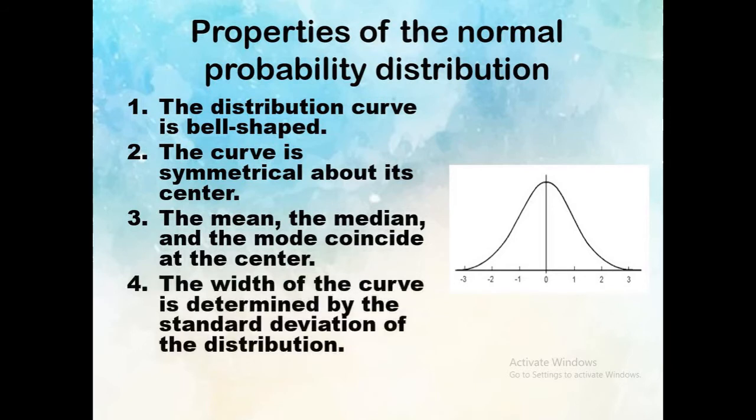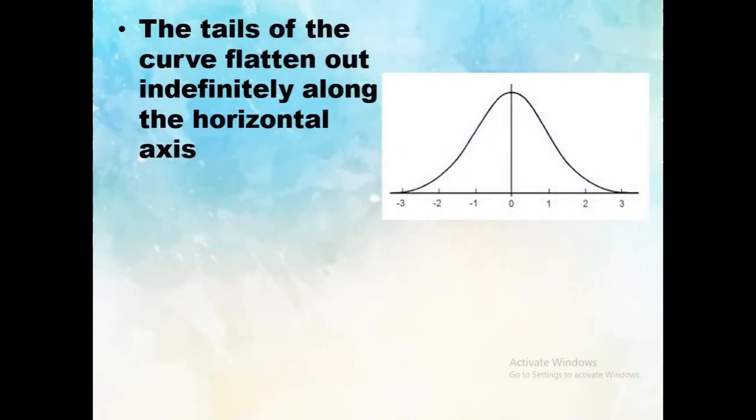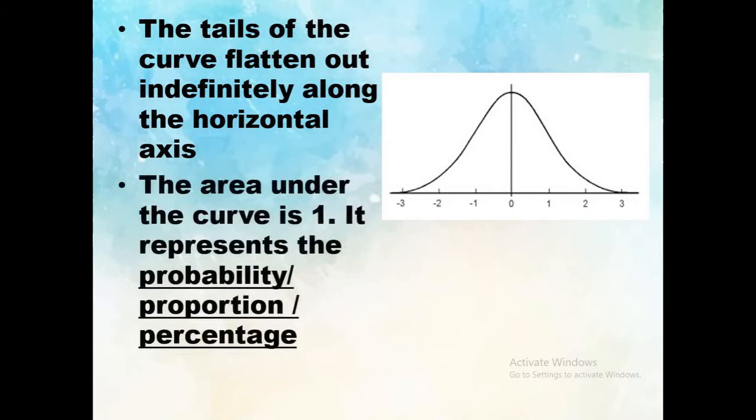The width of the curve is determined by the standard deviation of the distribution. The tails of the curve flatten out indefinitely along the horizontal axis. The area under the curve is 1. It represents the probability, proportion, or percentage.